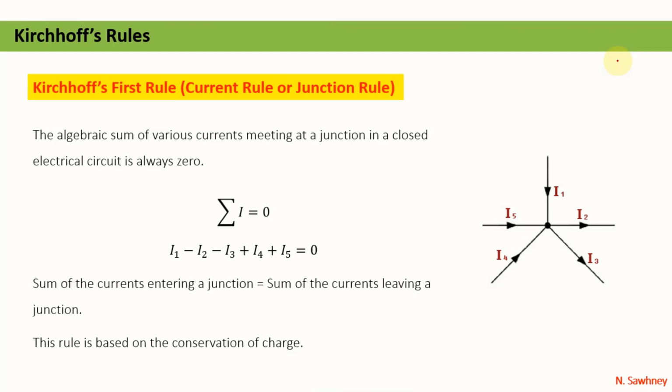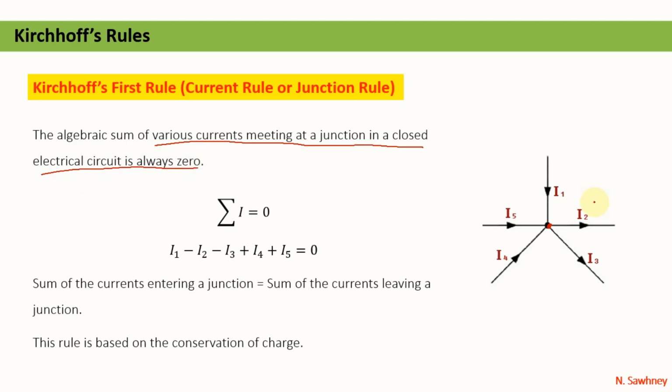Kirchhoff's first rule, or current rule, or simply junction rule. See here in the figure, this point will be termed as the junction. Here there are more than two branches meeting together, and on each branch we can place conductors also. The first rule says that the algebraic sum of various currents meeting at a junction in a closed electrical circuit is always 0.